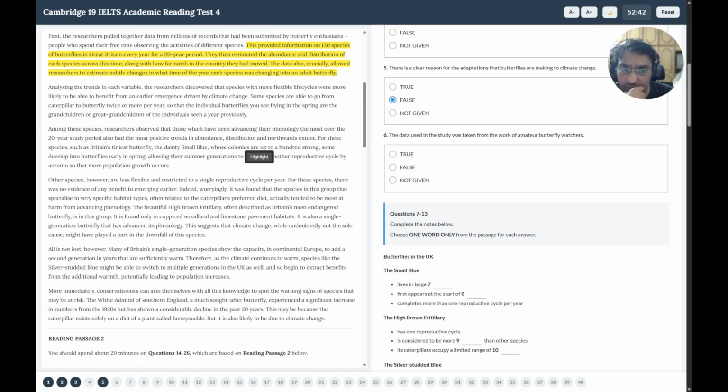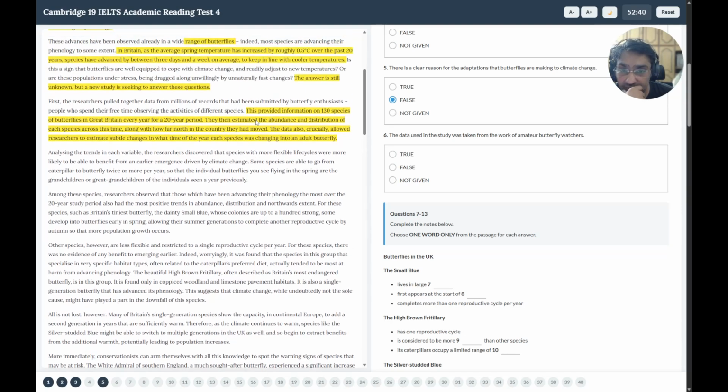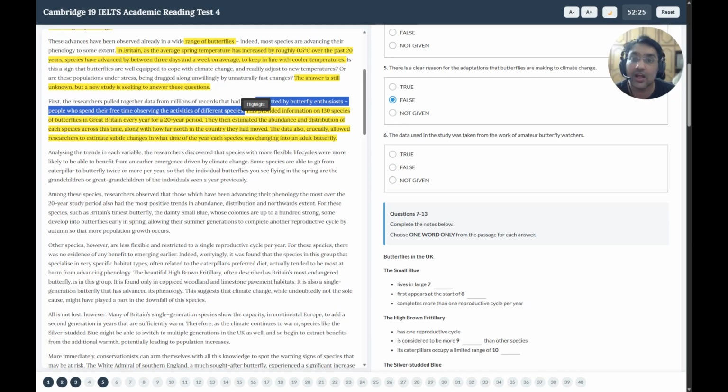The data used in the study was taken from the work of amateur butterfly watchers. This data had been submitted by butterfly enthusiasts, people who spend their free time observing. No, if someone is an enthusiast, it means they are experts, most probably. So they're not amateurs, they're not beginners. So number 6 is going to be true.